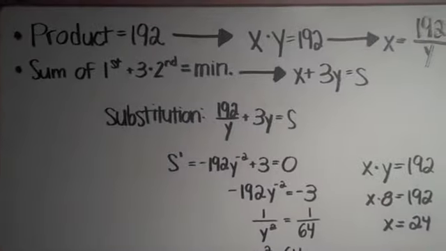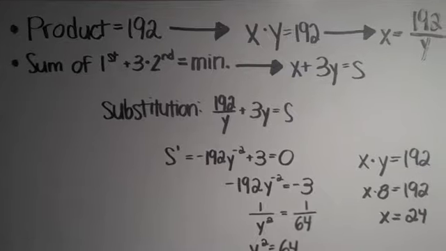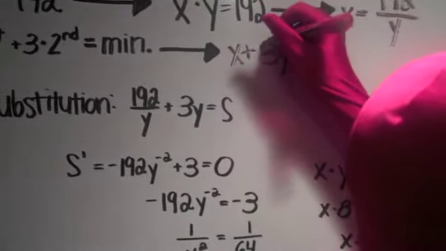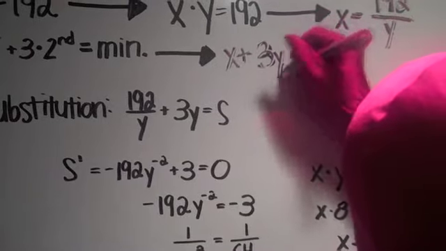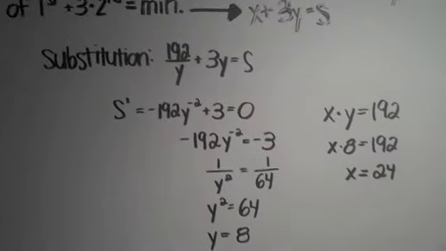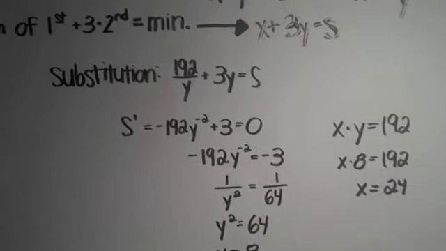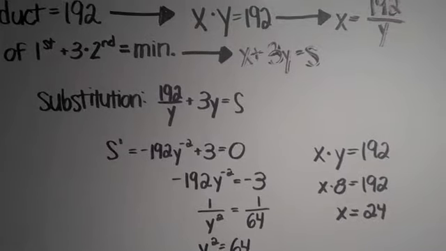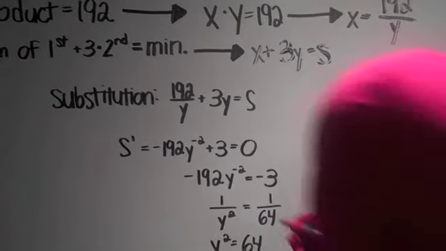We also get that x plus 3y is equal to s. By using substitution, we get the equation 192 over y plus 3y is equal to s.